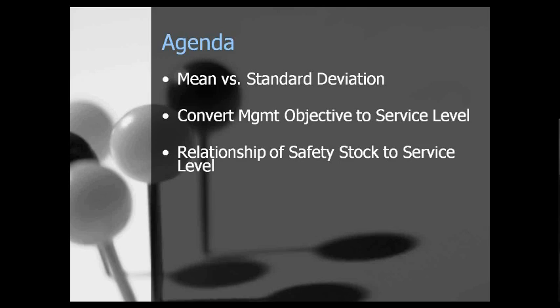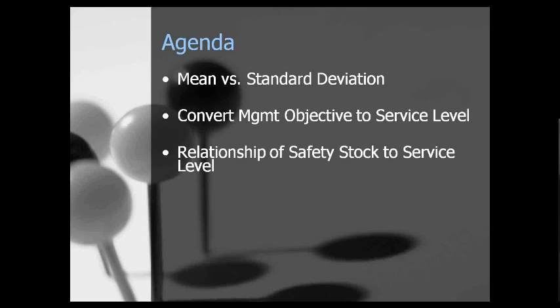And finally, when you have your deviation calculation and you have the service level, we're going to look at how you take those two bits of information and one other thing and convert them into a safety stock quantity to cover the service level that you're trying to attain.